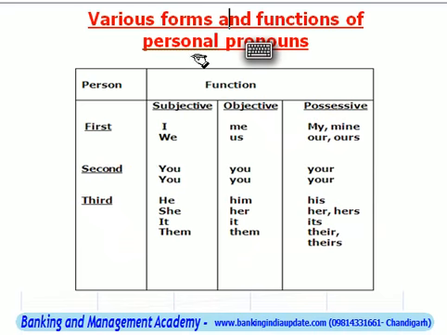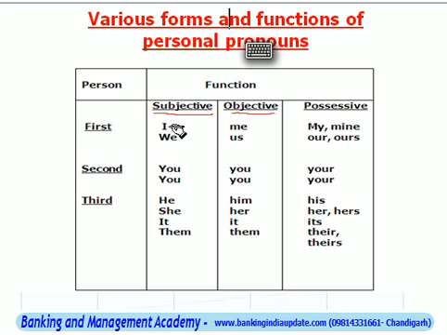Next, let us see the various forms and functions of personal pronouns. We have already seen that personal pronouns include first person, second person, and third person. Now, these personal pronouns may either be in the nominative case or in the objective case.